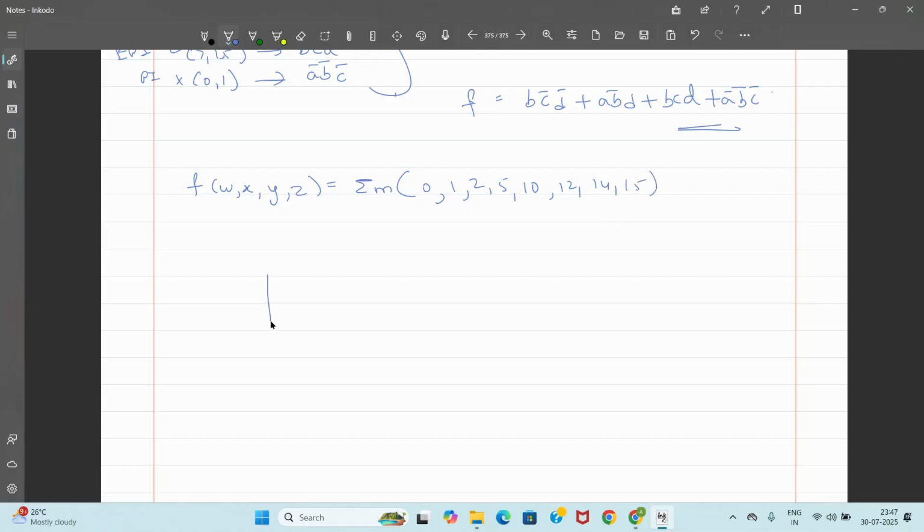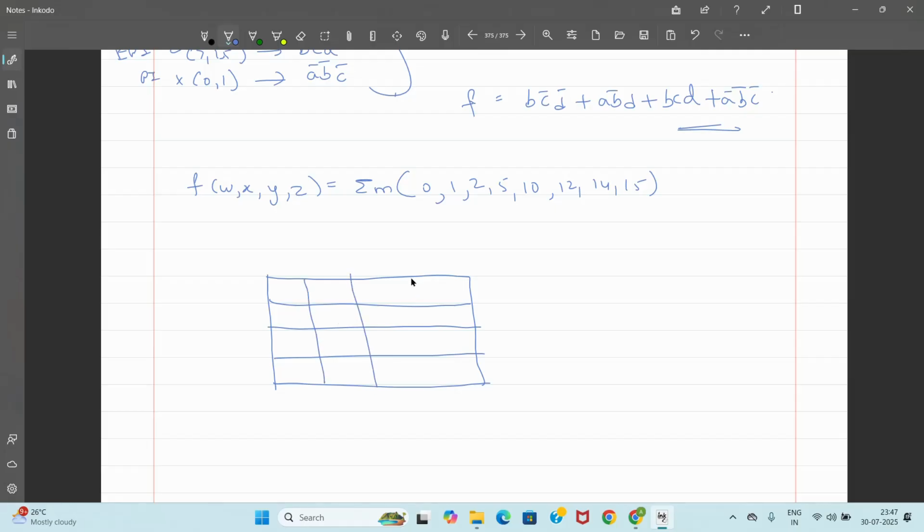Okay. So let's draw the K map for this four variable K map. The question is, first you have to list out all the prime and essential prime implicants, and then you should also give the solution for this.